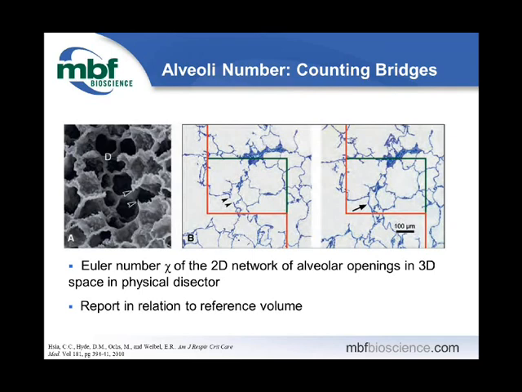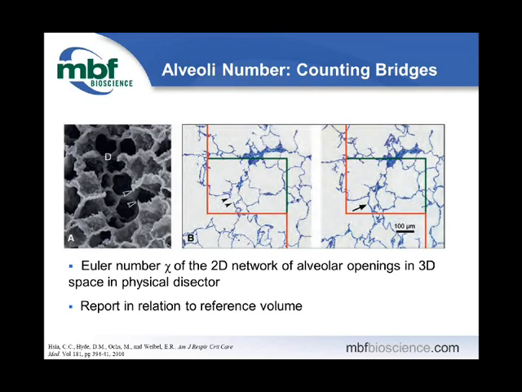If you look on the screen at picture A on the left-hand side, you will see an SEM photo of the alveolar opening, and you can see the opening where it's not connecting. Of course, we have to somehow define when the alveolus is created, and that's where you can see the two images in figure B on the right-hand side. You have two different counting frames, two different dissectors.